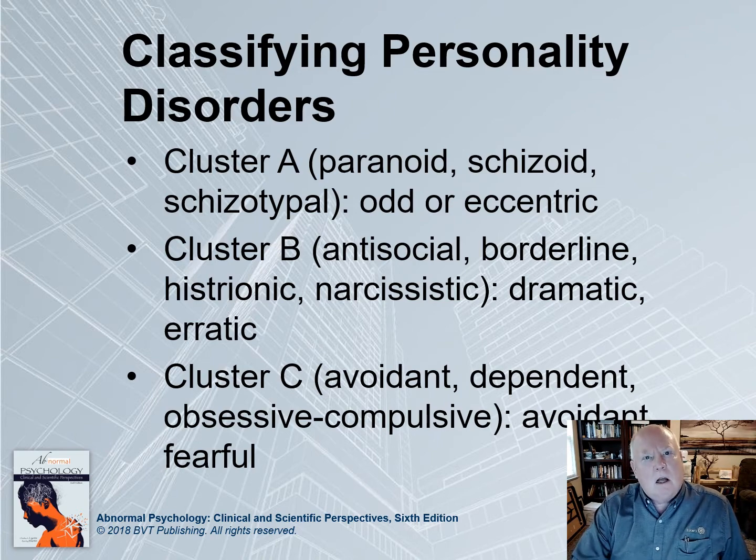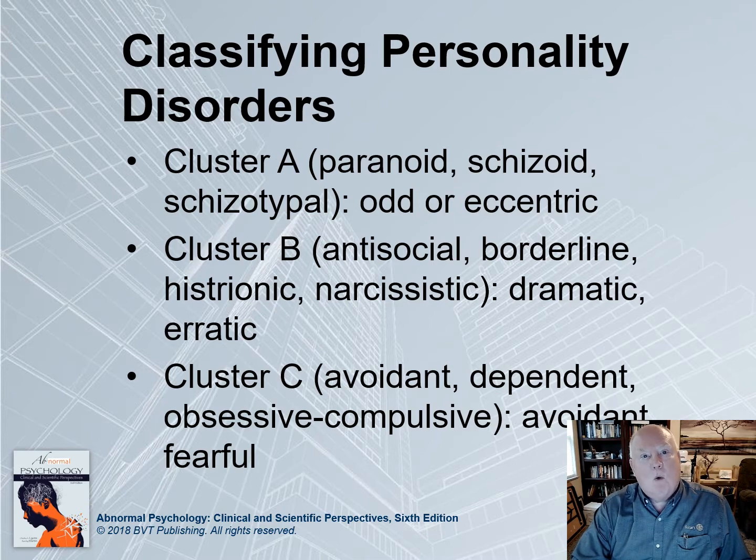Now, these clusters are just to help us organize a large number of disorders. They don't seem to have any particular reality. The comorbidity problem that we talked about in the previous slide will sometimes occur within a cluster, but often occur across clusters. So we have a lot of disorders in cluster A that are comorbid with, say, cluster B disorders. We will use this organization simply because that's the way the DSM handles it, and we will go through the disorders in order.